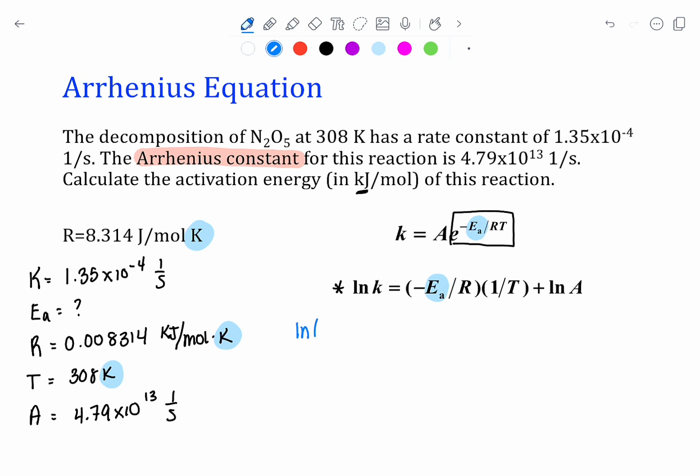We have natural log of k, 1.35 times 10 to the minus 4, is equal to negative EA, which is what we're looking for, over R, 0.008314, times 1 over the temperature, 308 Kelvin, plus the natural log of A, so natural log of 4.79 times 10 to the 13. Let's grab our calculator so we can work on this problem together.